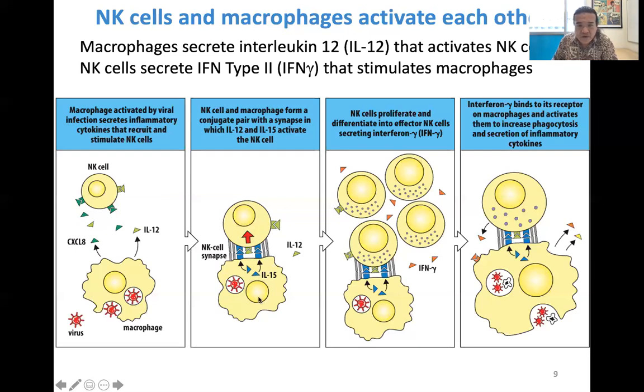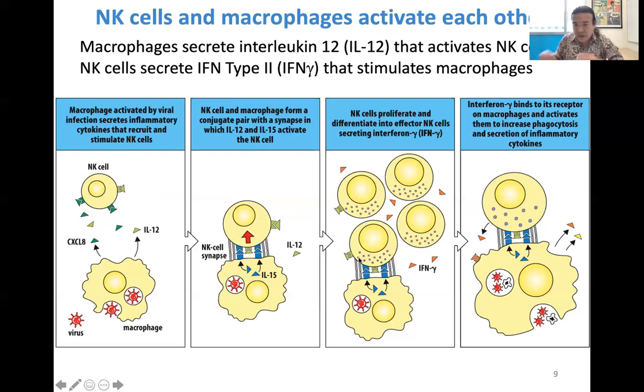And the macrophage then sends it IL-12 signals, IL-12 and IL-15 that now stimulate the natural killer cell to start waking up, right? So these little dots that start appearing in it are all these little vesicles that are now filling up with these cytotoxic messages. These messages are the thing that when they're then released on another target cell will tell that target cell to undergo apoptosis and die, right?